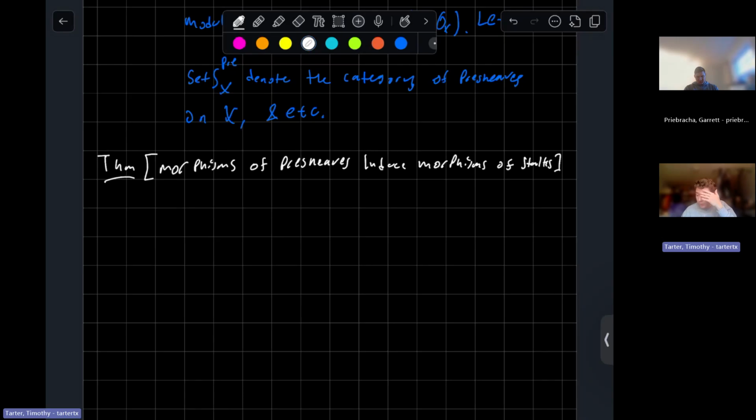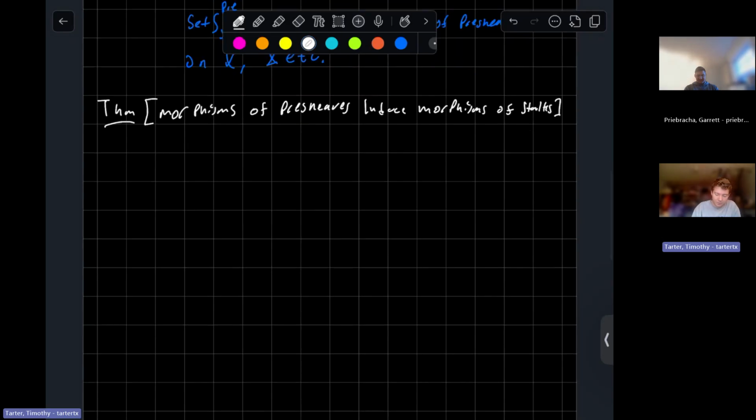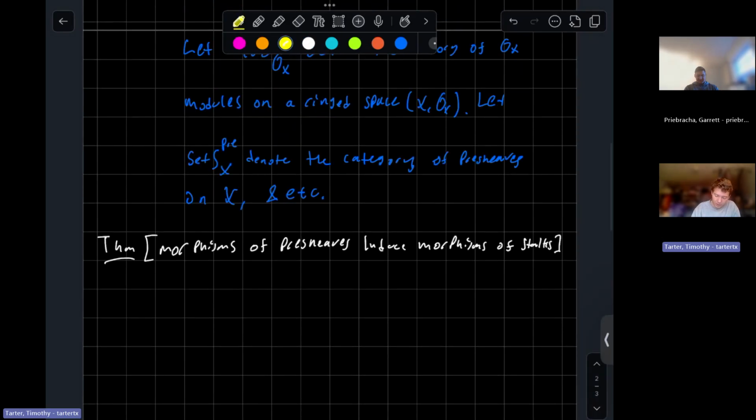This is called the stalkification functor, and it is kind of an important notion.